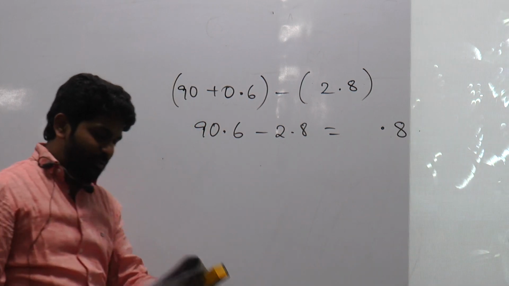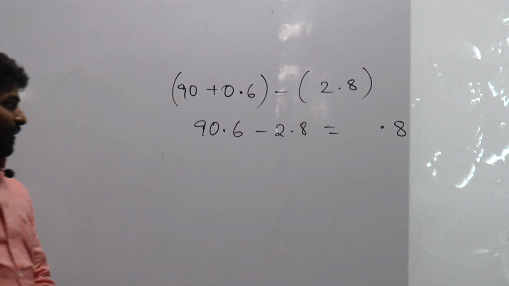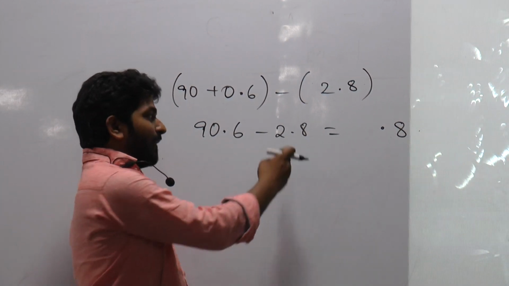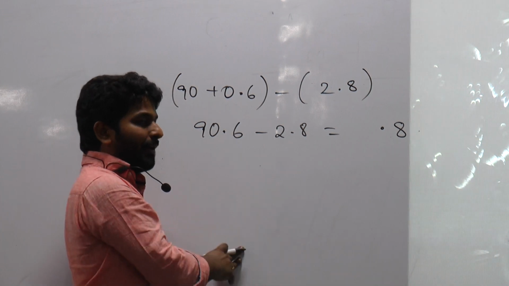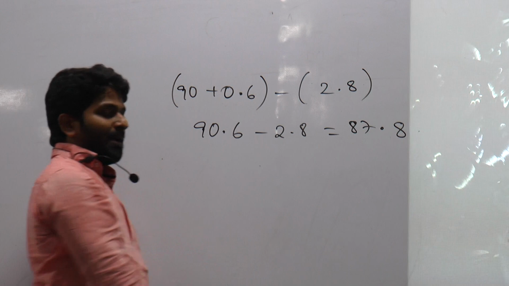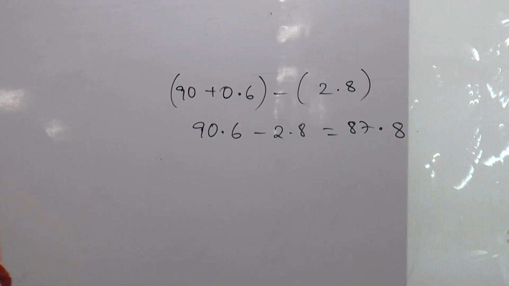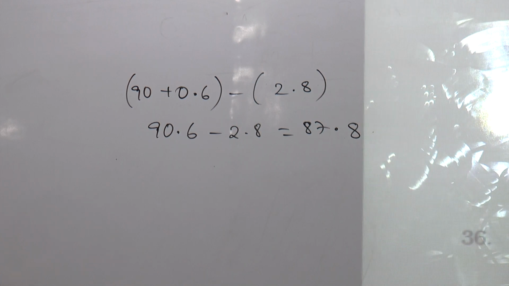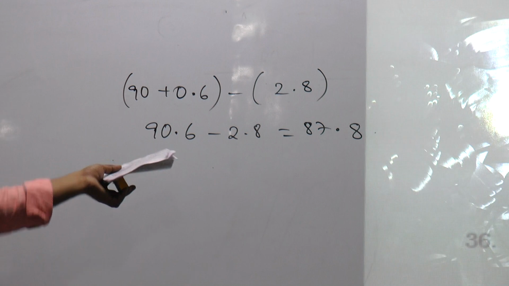How many options end with 0.8? Subtract 3, add 0.2. So these are all thousands, right? So you need to multiply this number with 1000.